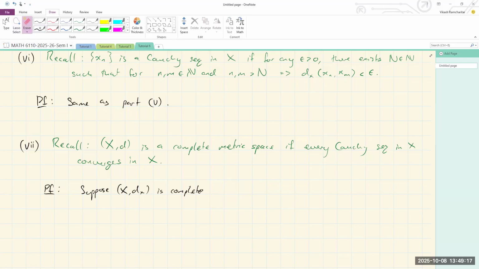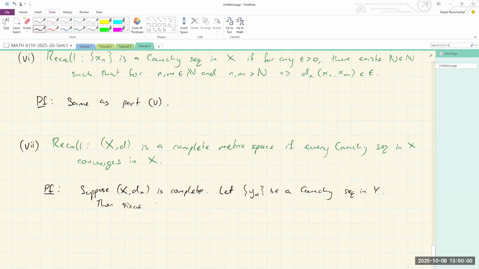Or maybe I should go the opposite way. Let Y be complete, and okay, we'll do it this way. Let y_n be a Cauchy sequence in Y.